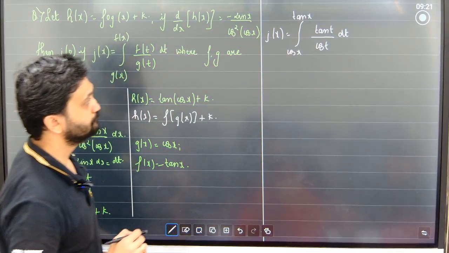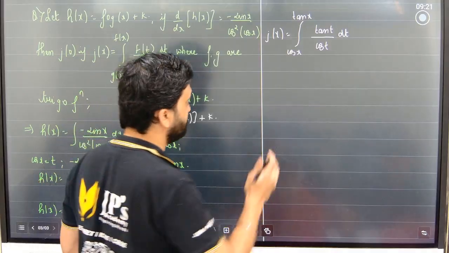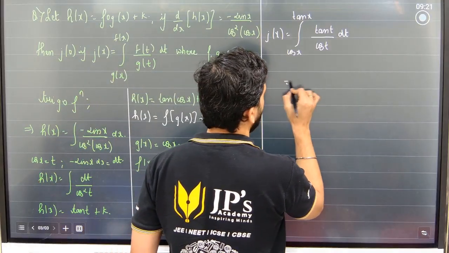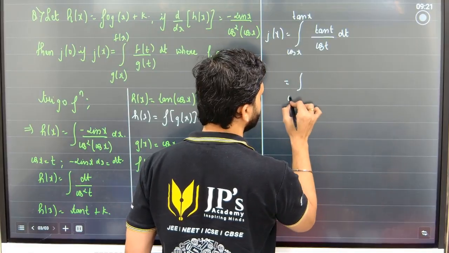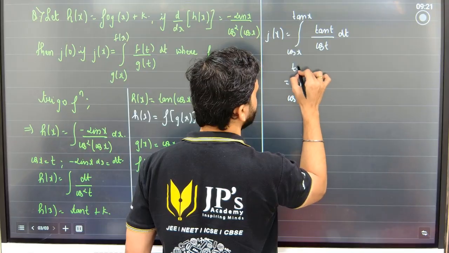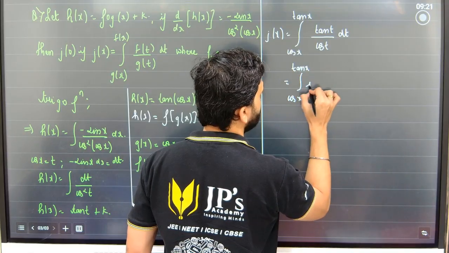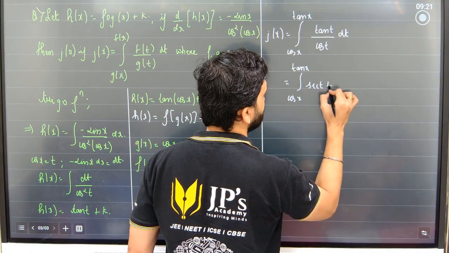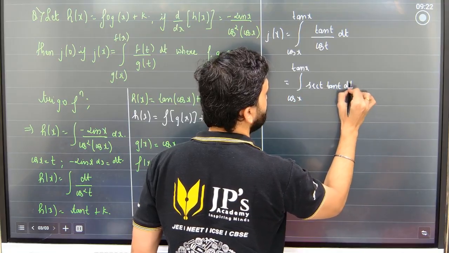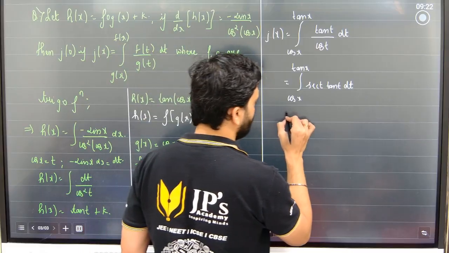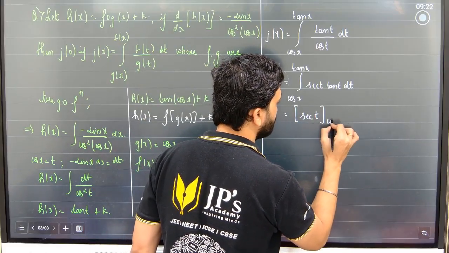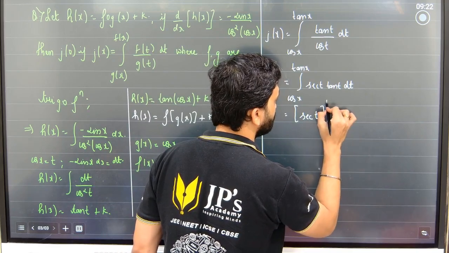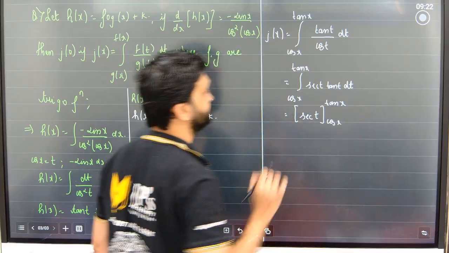ठीक है. Now I know that this part if I integrate, this will become integration of tan t, this will become sec t tan t dt, which will become sec t from cos x to tan x.